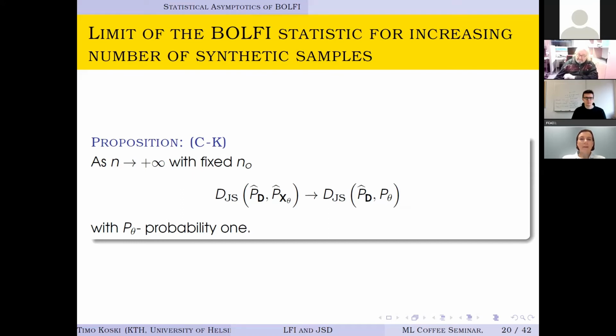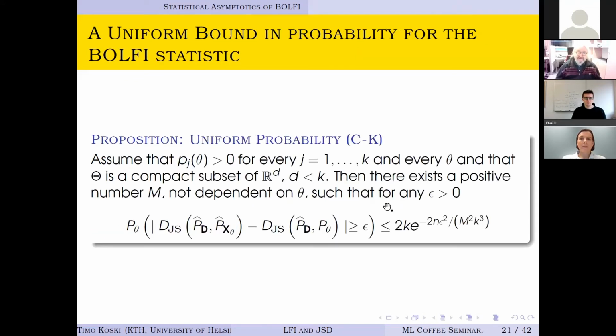Now this puts the matter into a different shape. And here's another result, which is a bit different. Namely, you can prove a sort of uniform convergence with respect to theta if theta is in a compact subset of R^D. Now D, the dimension of the parameter space, has to be smaller than the number of categories, and then you get this kind of uniform bound on the deviation of the BOLFI statistic from its limit.